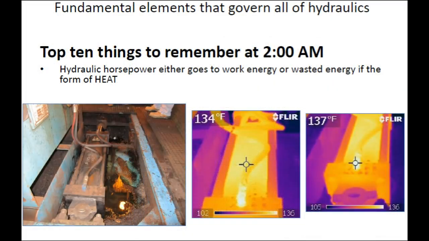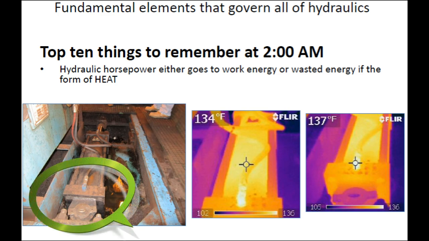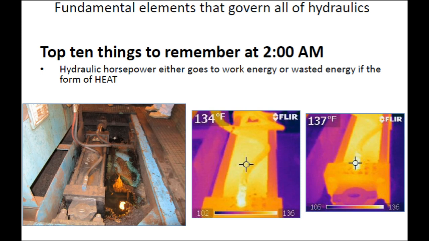Alright, what we want to prove with this is hydraulic horsepower either goes to work or it goes to wasted energy in the form of heat. And what I've got here, you look at the picture, I've got an example of that. There's a hydraulic cylinder working down in the bottom of a machine, and over to the right you see I'm measuring the hose temperature at 134 degrees.